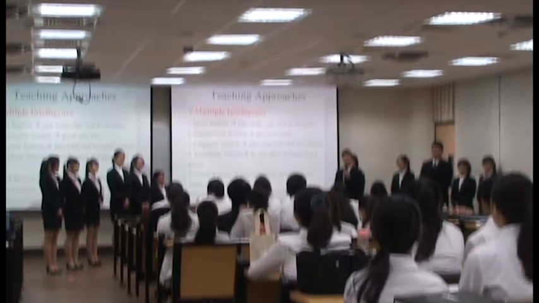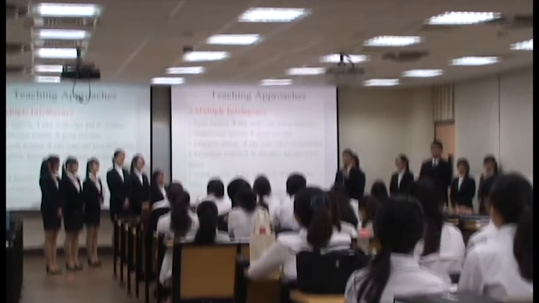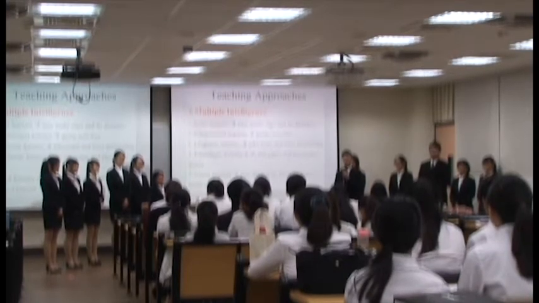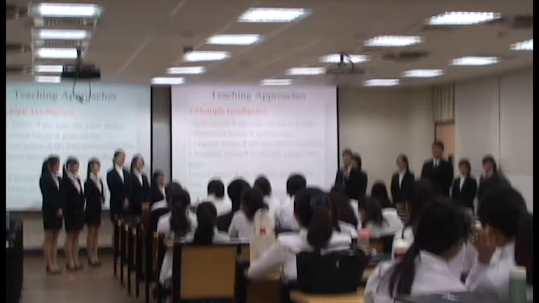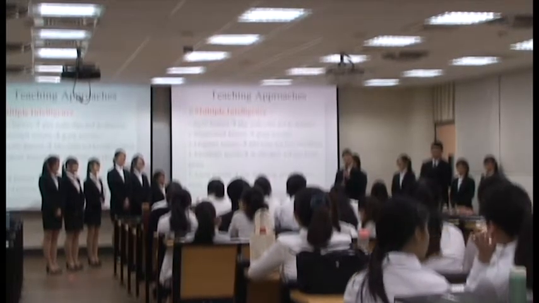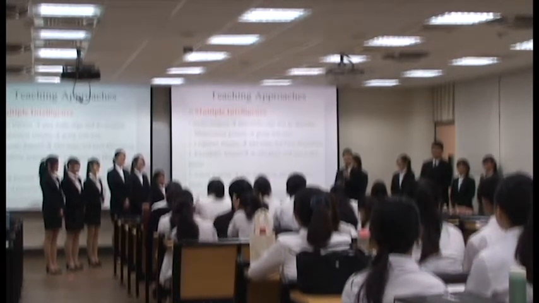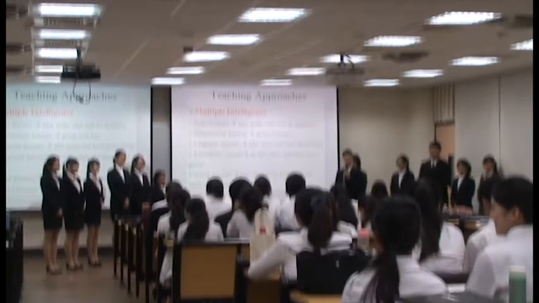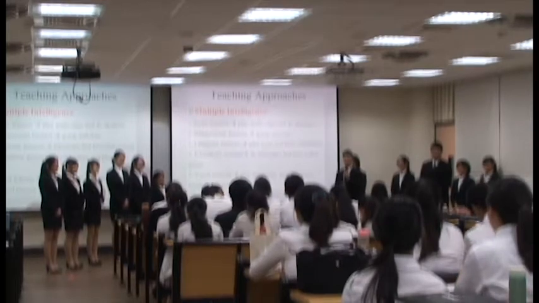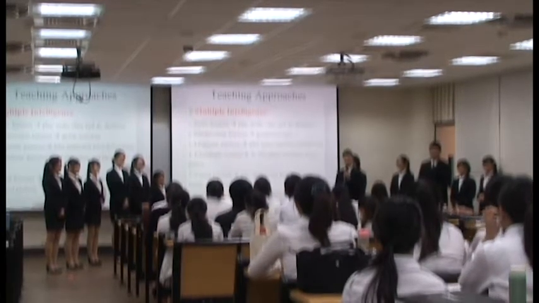For linguistic learners, we will ask students to take notes and have storytelling. For kinesthetic learners, we will ask students to do role plays and have board games too. For visual learners, we will play videos and provide students charts, forms, and pictures.